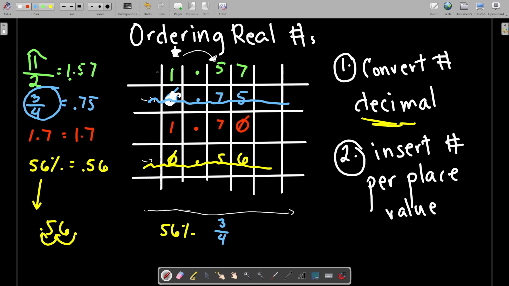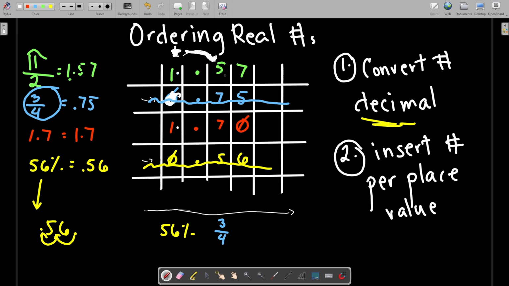Next, you only have two values next. Pi over 2 and 1.7. So between both numbers, what is the lesser value? 1 or 1? Both are the same. So if both are the same, move to the next place value. Which is the lesser value between 5 and 7?